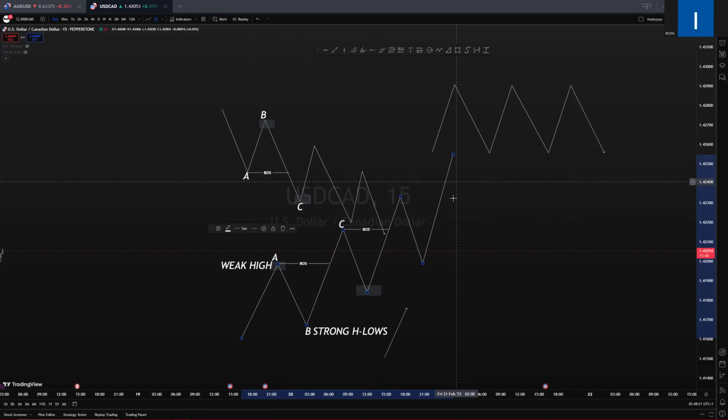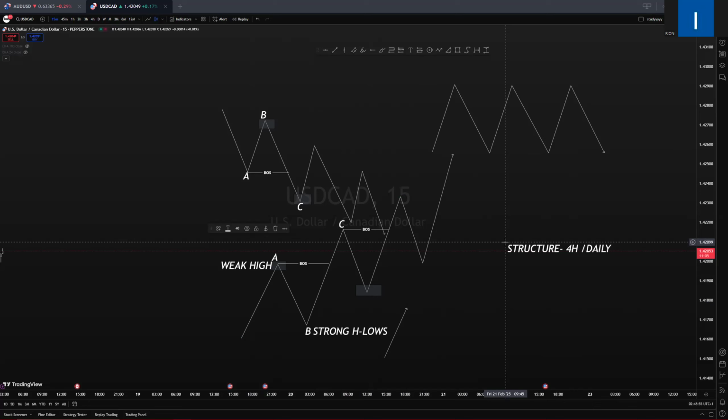Okay. So what's the next thing to do when you're looking at structure? For me personally, I want to view structure from the higher time frame. I would be looking at the 4 hourly and the daily time frames. These are my two major places to identify structure.